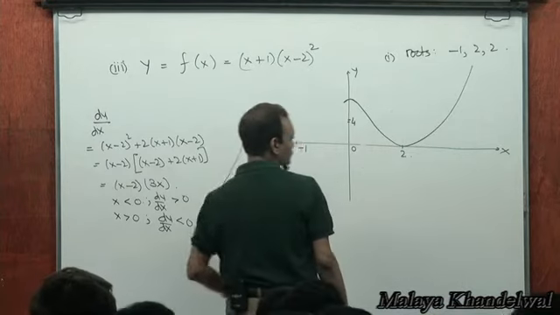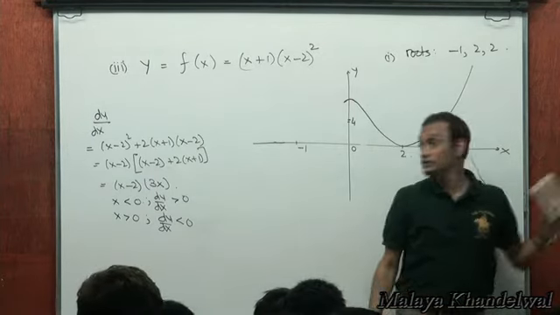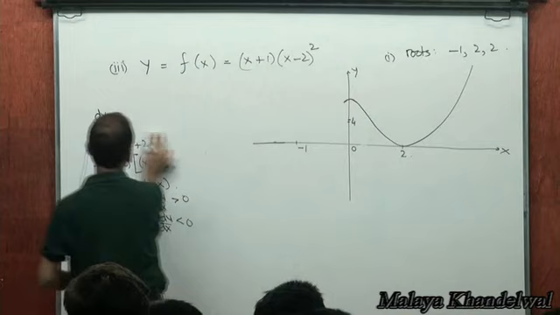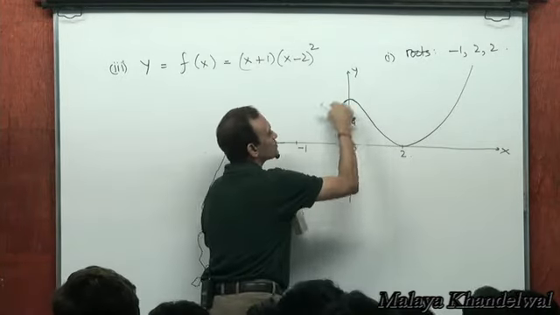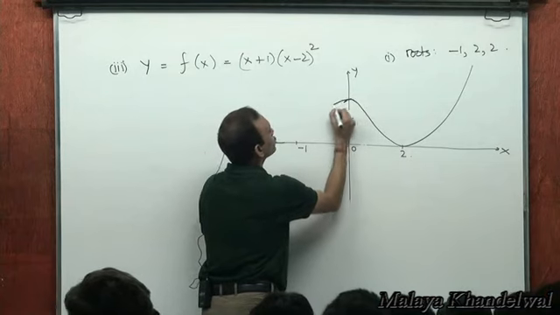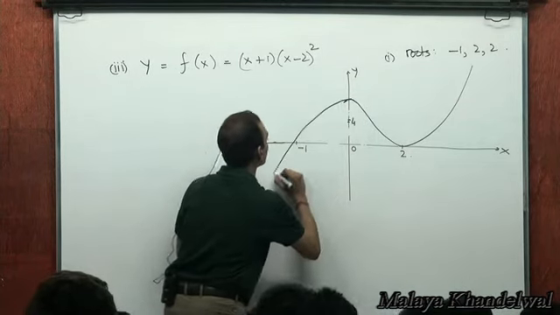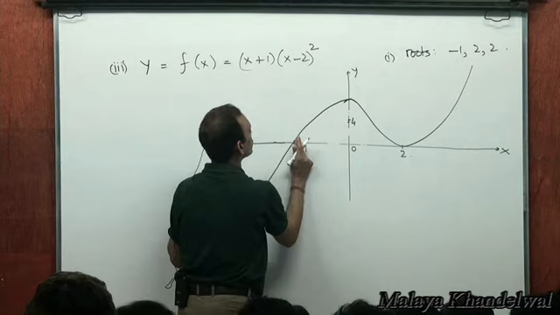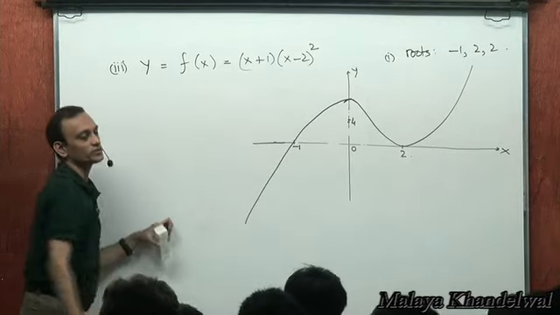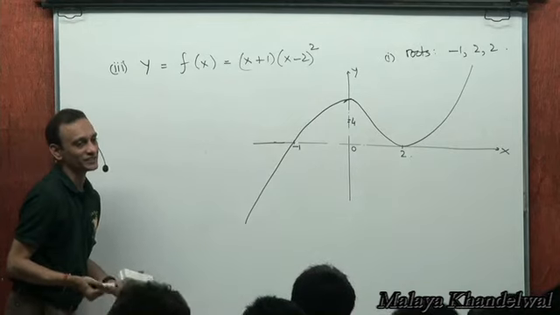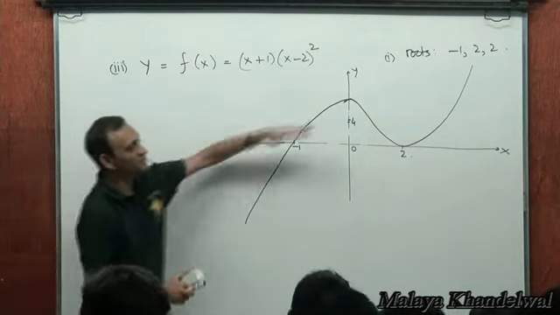Now, no more turning points. So we turn around and say, all right, from this point it will encounter a root at x equal to minus 1, go this way, because it's not turning after this, so it will follow the same direction.